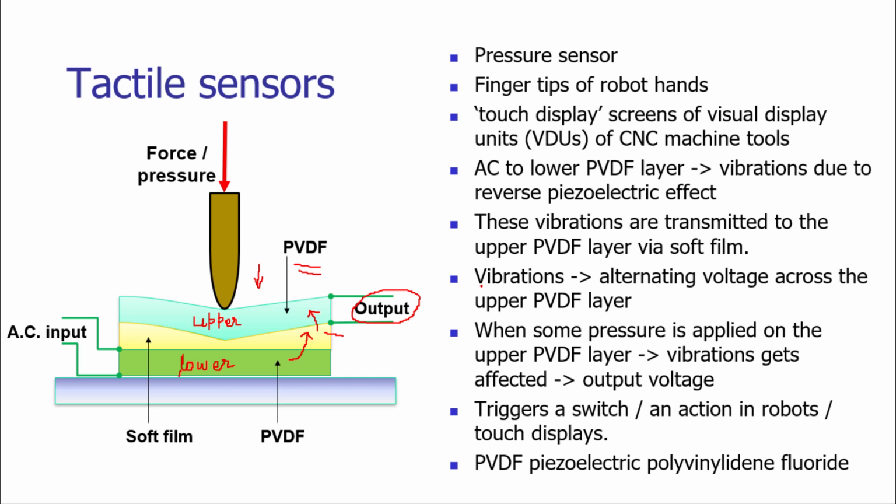As we are touching on the screen at certain point, there is some function associated with the location. There are certain functions associated with the location of the screen wherever we are touching. So as we touch that particular location, the microprocessor knows the location.